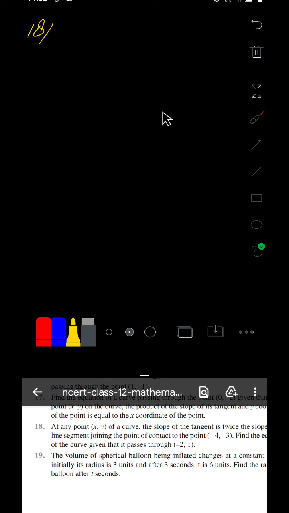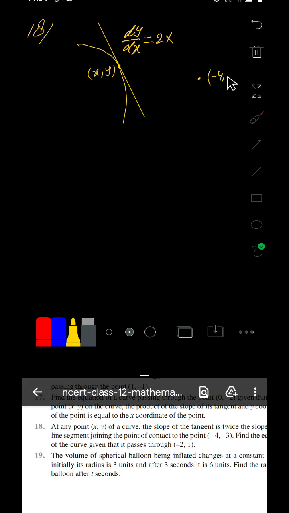So the situation is, this is a curve and this is the tangent at point x comma y. X comma y is the point of contact. So the slope of the tangent at the point of contact, dy upon dx, is equal to twice the slope of the line segment joining the point of contact, that is x comma y, to minus 4 comma minus 3.